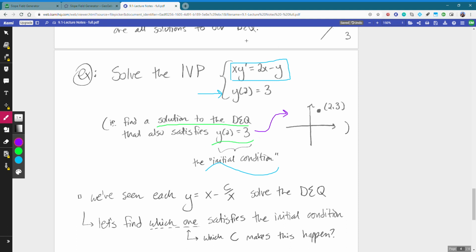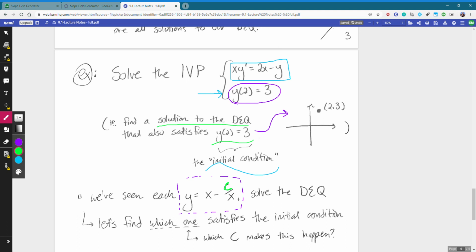Well, with our work just a few moments ago, we found a family of functions that solves our differential equation. And so in order to solve our initial value problem, we just need to figure out which one of those functions satisfies our initial condition. In other words, which one of these functions works is equivalent to finding the particular c that makes that happen.